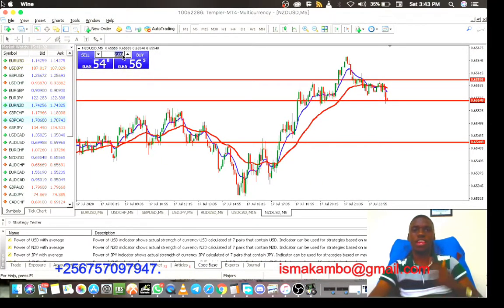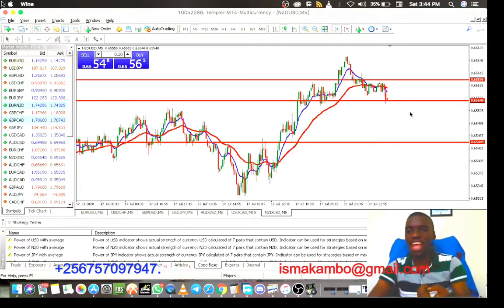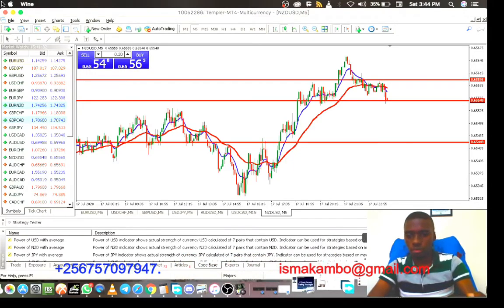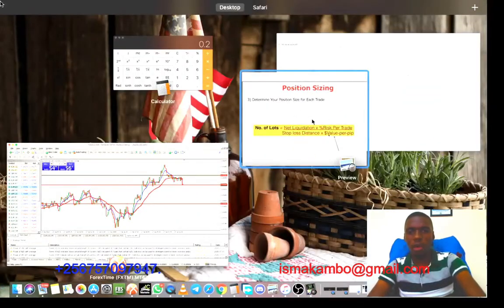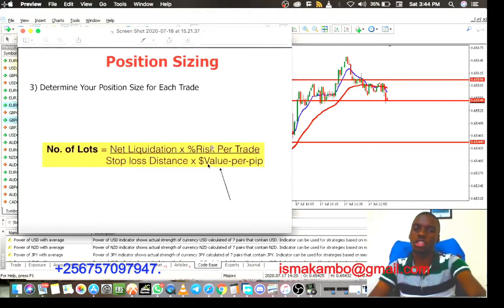Okay? So when you come here and put your 0.2, it means that you will be risking the $10, because our formula tells us that you're risking 2% of the total portfolio of 500.